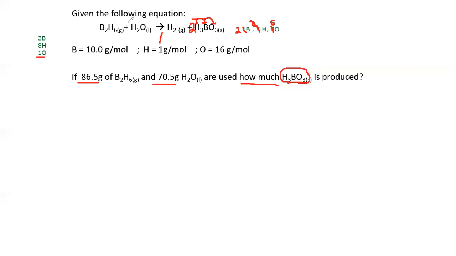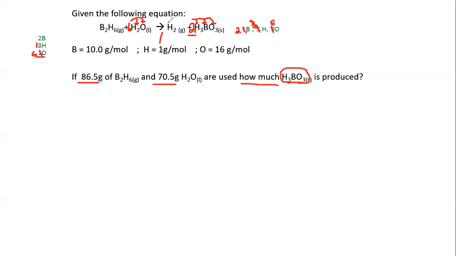So in order to make this 6, we have to put a 6 in front of H2O. And again, this gets distributed to the hydrogen and to the oxygen. So now we have 6 oxygen, but we have a total of 18 hydrogen. We have 12 from water and 6 from B2H6. But on this side, we only have 8 hydrogen. And we don't want to put another coefficient in front of H3BO3 because that's going to mess up the other balanced elements.